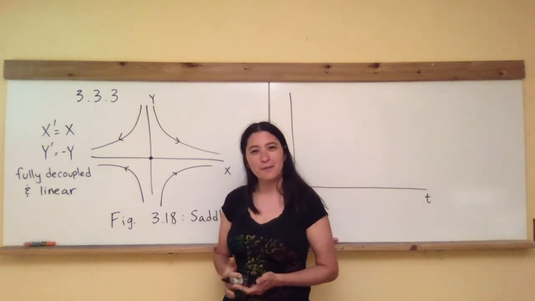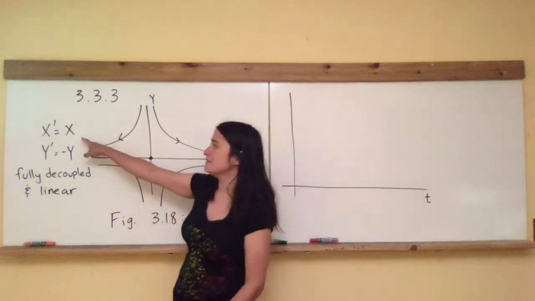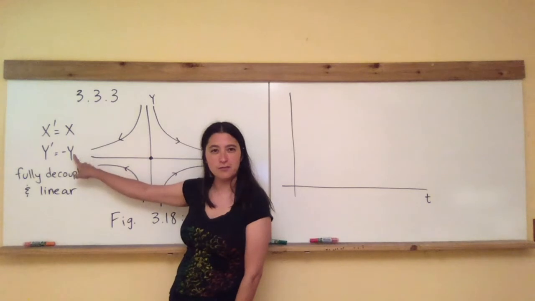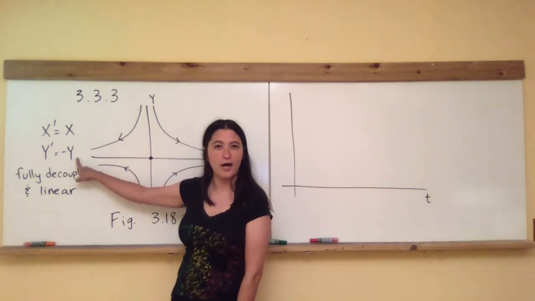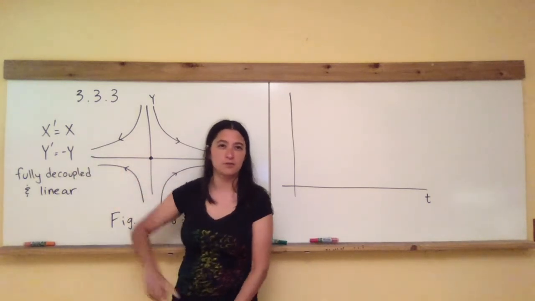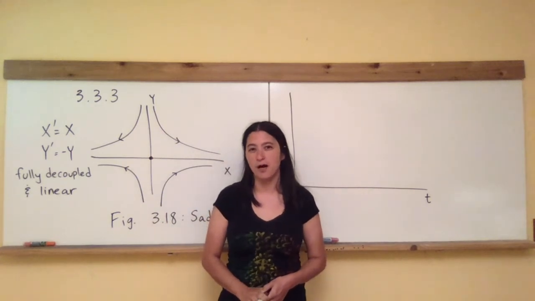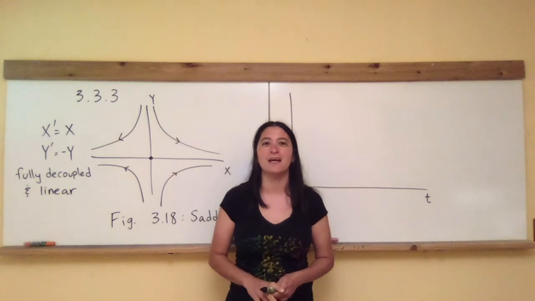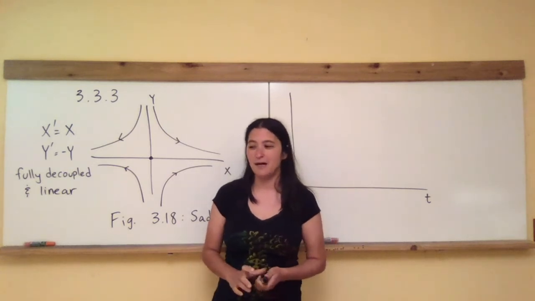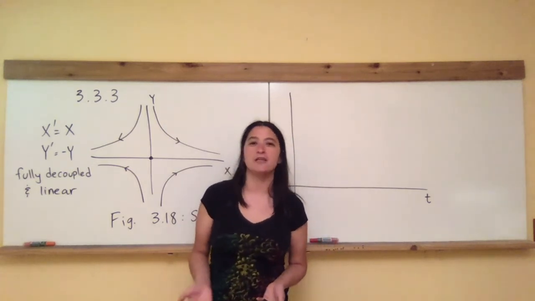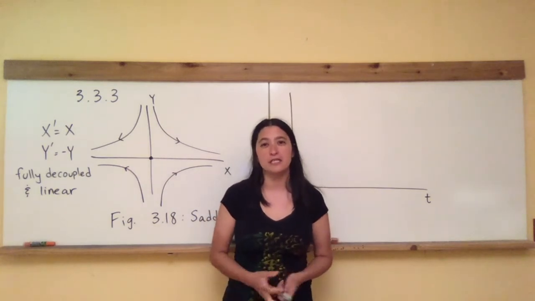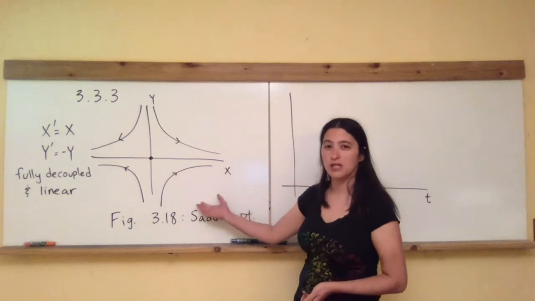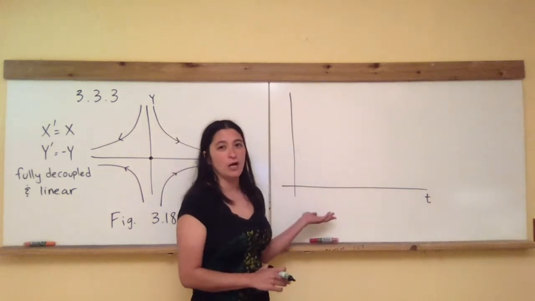Do you remember what the solution x of t would be for the rate equation x prime equals x? Do you remember what the solution y of t would be if the rate equation was y prime equals negative y? We covered that in section 2.7, but I'll leave that answer for the end of the video. In this video, you don't actually need to know the explicit solutions to be able to go from trajectories in the state space to graphs in the time series.